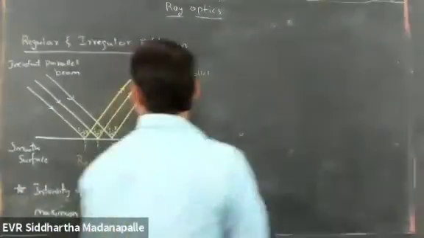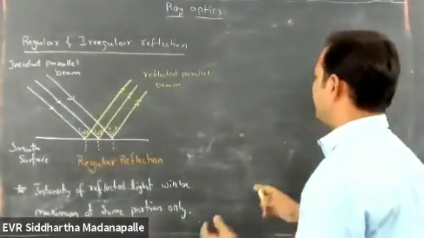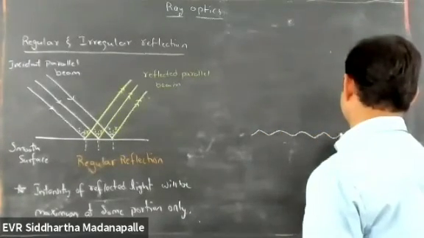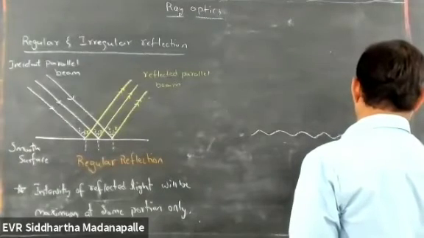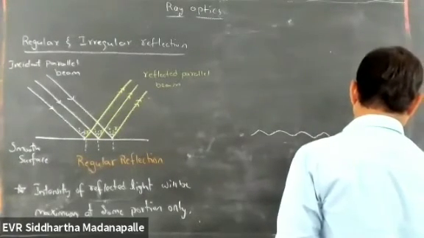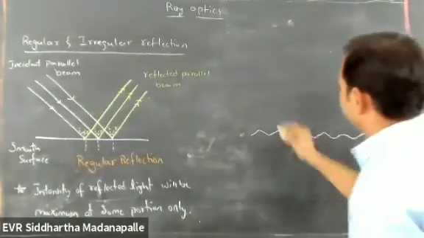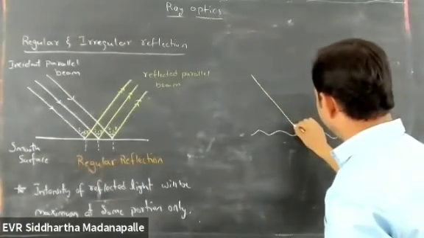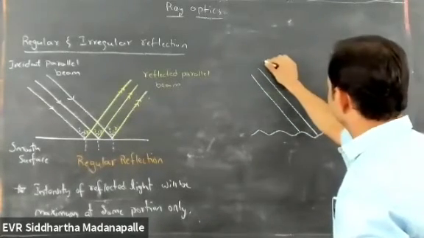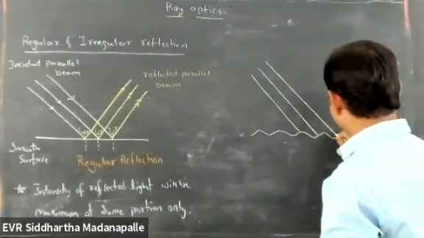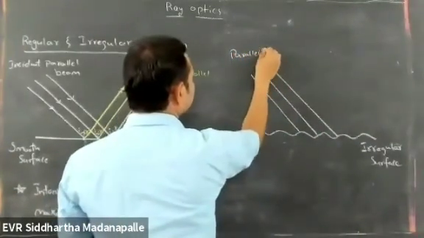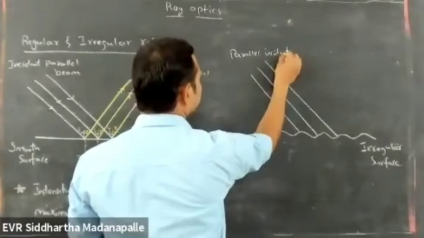Now suppose I am taking an irregular surface. Let us consider this is the irregular surface. Okay. Now let us consider the parallel incident beam. This is the parallel incident beam, right?